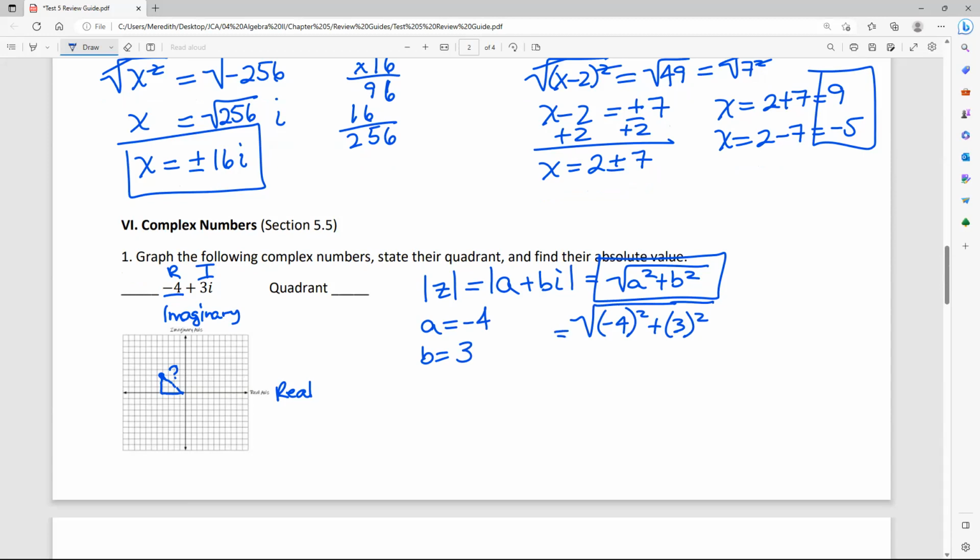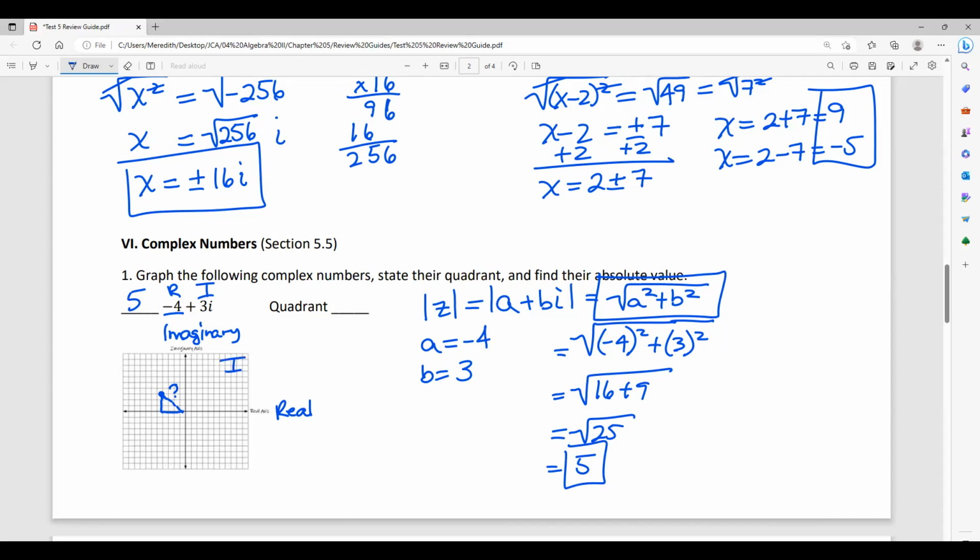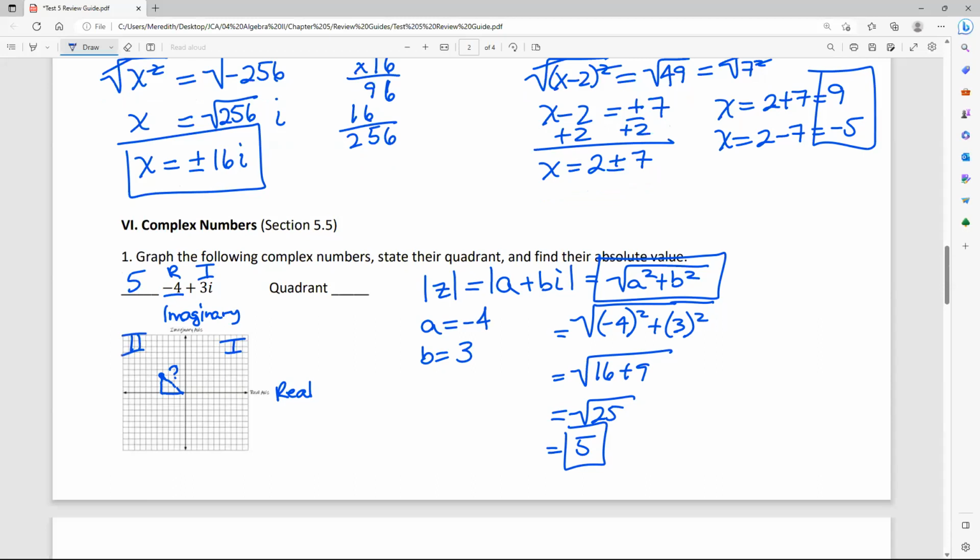Let's go ahead and solve this now. Square root, -4 times -4 is +16. 3 times 3 is 9. So we end up with the square root of 25, and therefore this is 5. 5 is the absolute value of this complex number. And then what quadrant does it fall in? Well, we go counterclockwise, so this is quadrant 2.